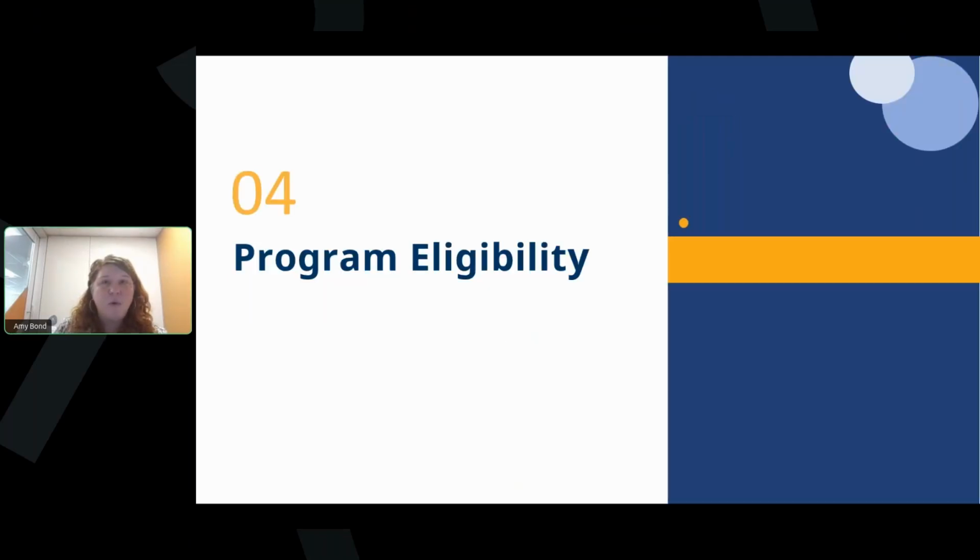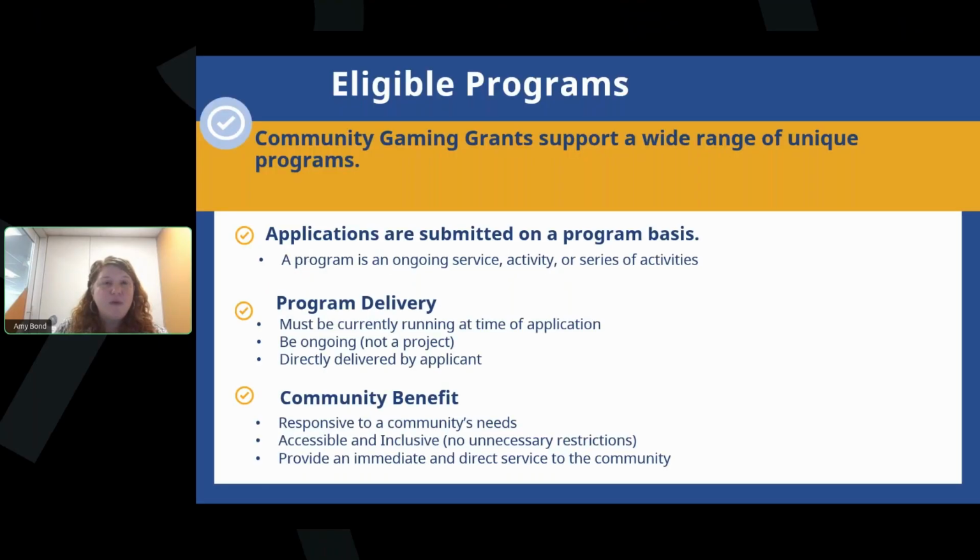All right, so we'll talk a bit about programs here. What types of programs are funded? So community gaming grant supports a wide range of unique programs. We go through the different sector intakes that we fund: arts and culture, sport, public safety, environmental, human social services.